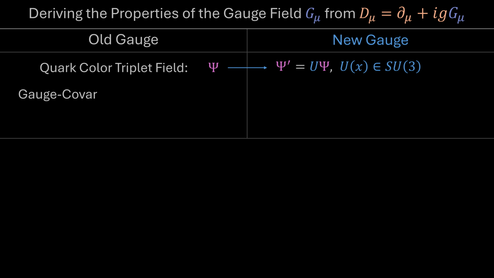And then we also have this notion of a gauge covariant derivative, where by definition, in the old gauge, that's going to be d mu acting on psi, and in the new gauge, we want that to transform so that d mu prime acting on psi prime equals u d mu psi.